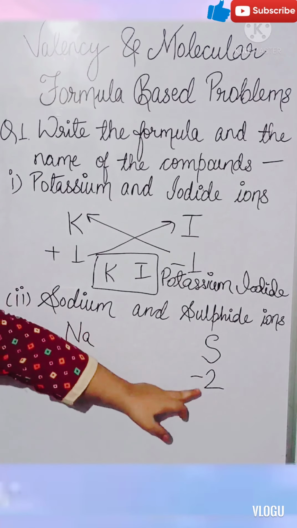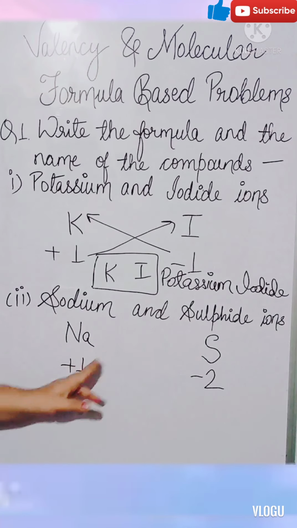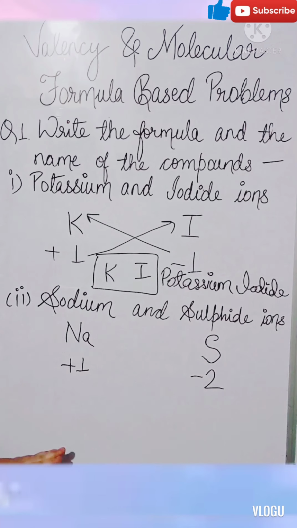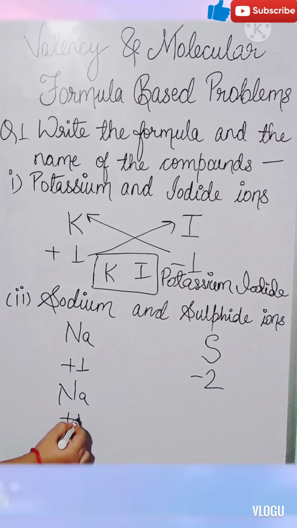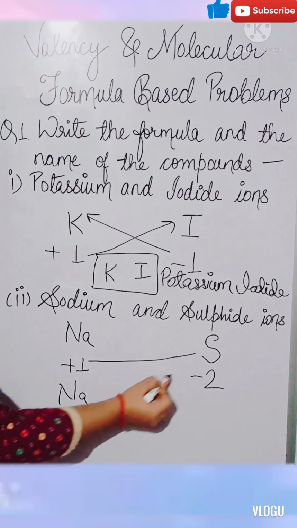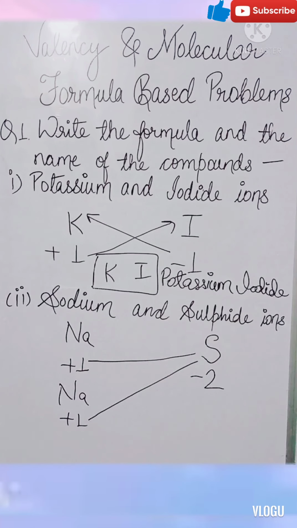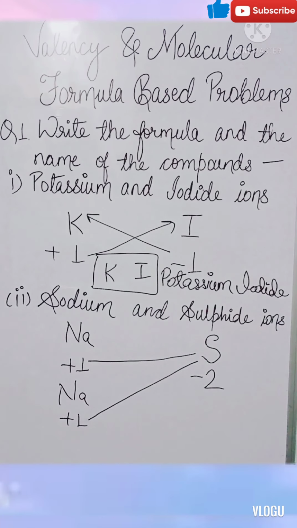But sulfur is in need of 2 electrons and we are bound here to only combine these two ions, not any other ion. So what we will do, we will increase the number of sodium ions, right? If we take one more sodium, it will also donate 1 electron. So we can say that these two sodium will together fill the sulfur's last shell octet and complete this need of 2 electrons, right?